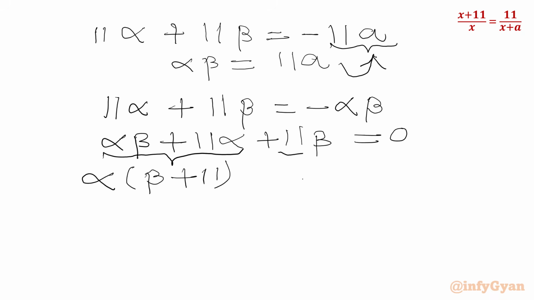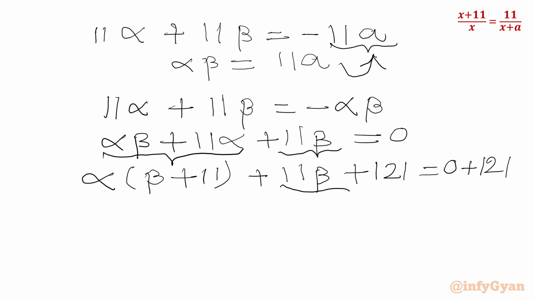Now here we have 11 beta only. I want to create the same bracket beta plus 11. So what I need to do here, 11 beta, I will add 121 to LHS. So we have to add 121 to RHS.